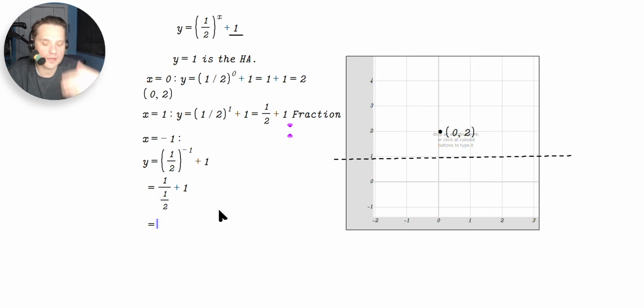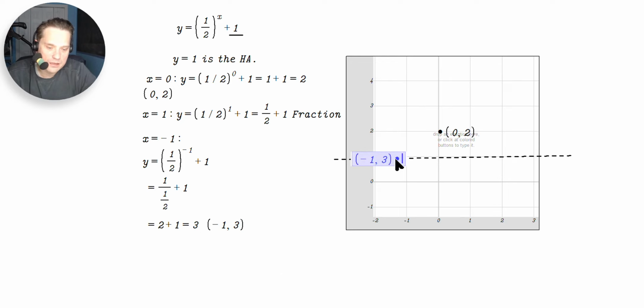Or if you like, you can do keep, change, flip, whichever way you think about it. 1/2 goes into 1 twice. So you put a 2 here, plus 1, that's equal to 3. So in this case, we get the point (-1, 3). So let's mark that as a point. So this point, -1, comma positive 3, that's going to be our point.